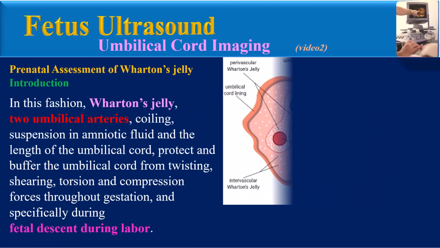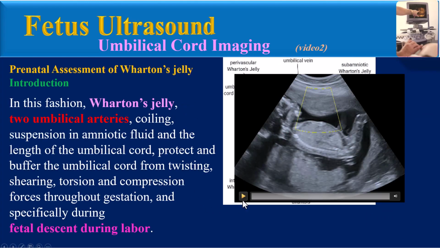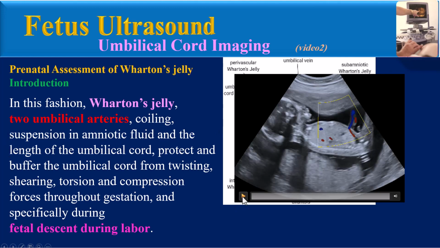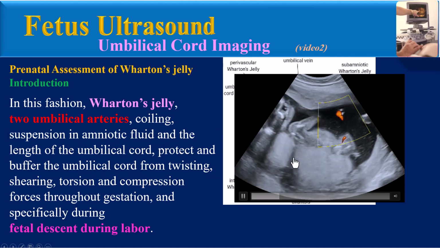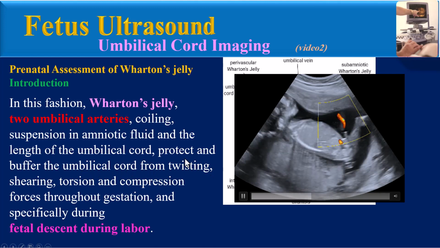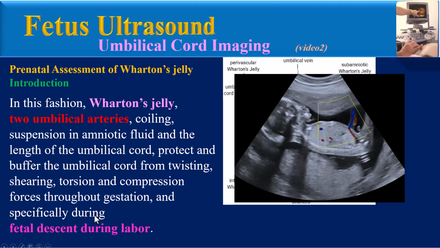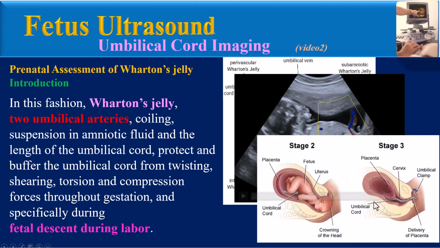In this fashion, Wharton jelly, the umbilical arteries, coiling, and suspension in amniotic fluid protect and buffer the umbilical cord from twisting, shearing, torsion and compression forces throughout gestation and specifically during fetal descent during labor.